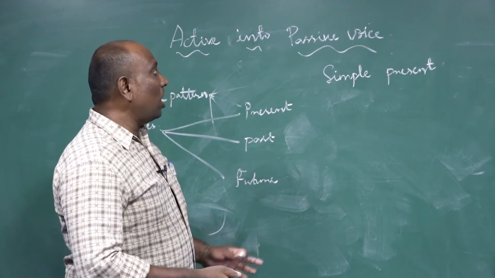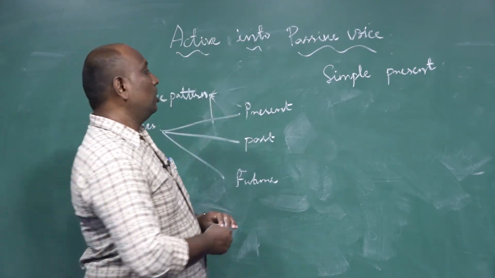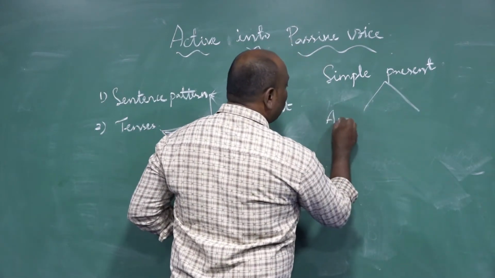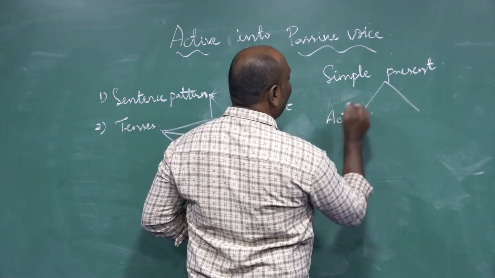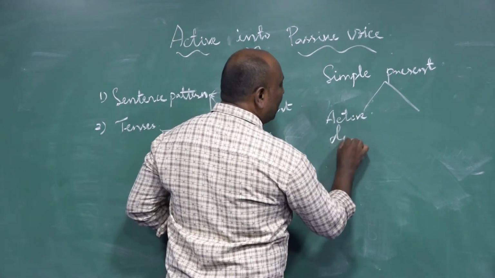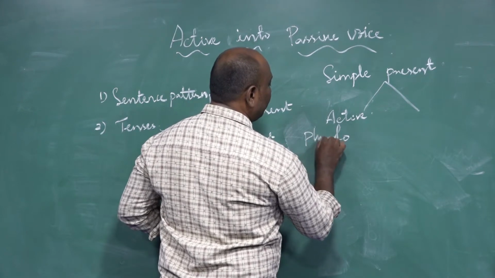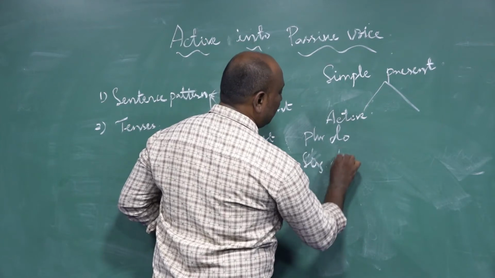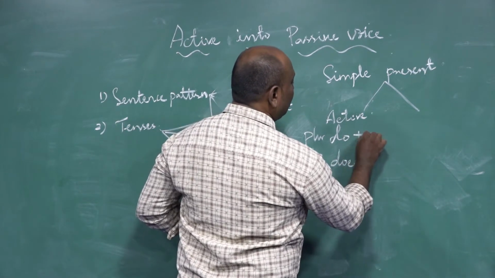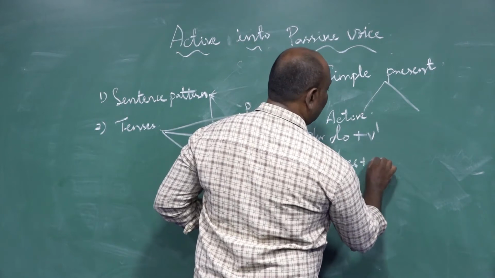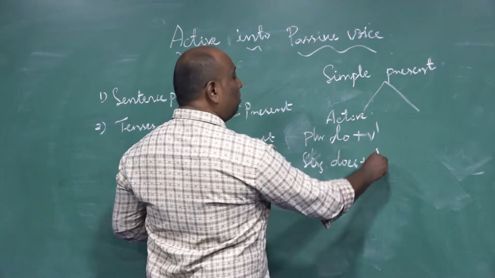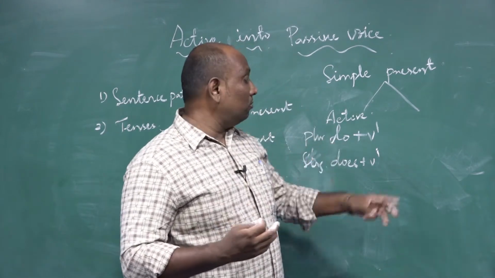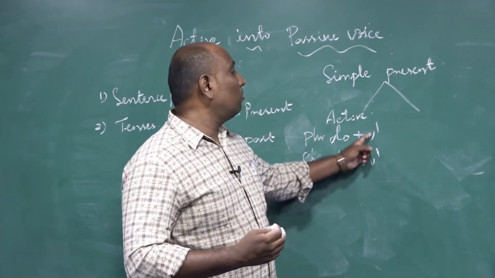For simple present in the active voice, we require the auxiliary "do" for a plural subject and "does" for a singular subject, plus the verb first form. A verb has three forms: present, past, past participle. But here we have to use the verb first form.